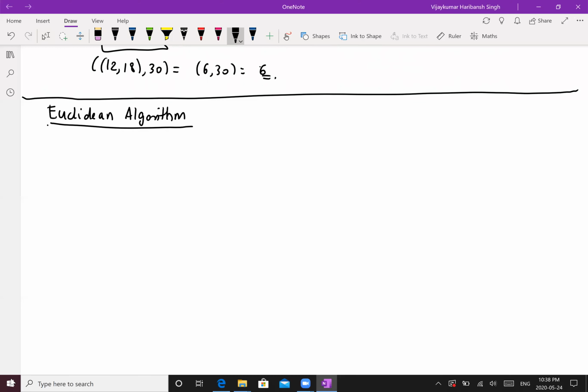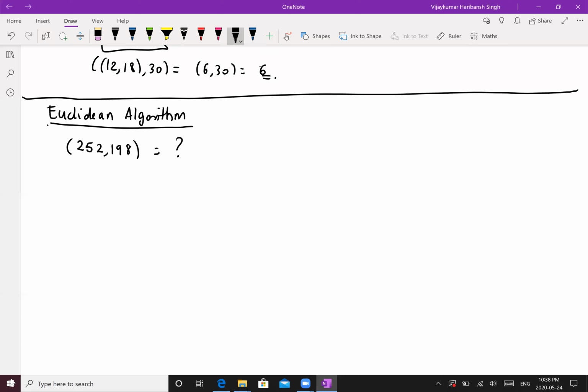How do we go about computing GCD using the Euclidean algorithm? Let's work with an example first. Let's take an example from the textbook: 252 and 198. We want to compute the GCD of this. We'll apply the Euclidean algorithm and see what the GCD is.